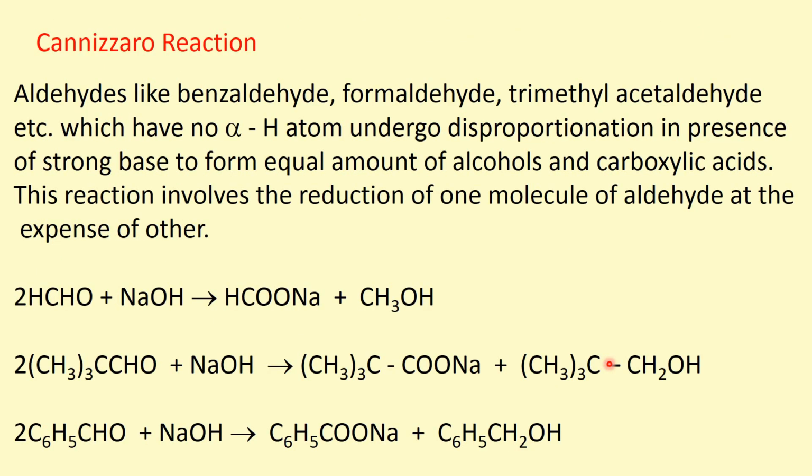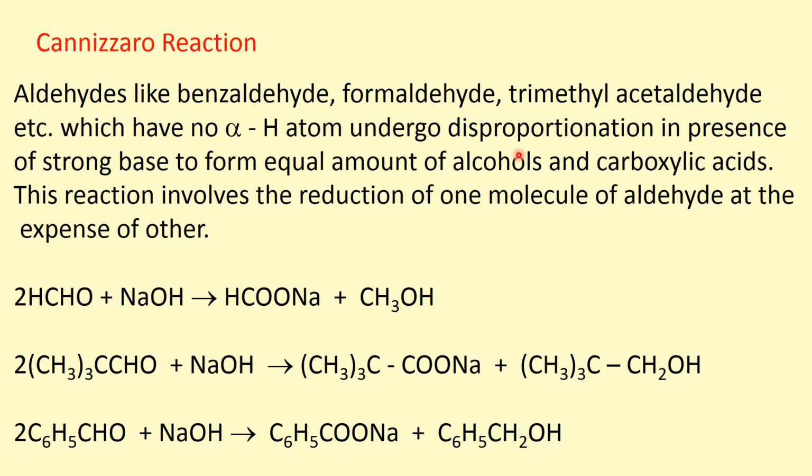Now the Cannizzaro reaction. Aldehydes like benzaldehyde, formaldehyde, trimethyl acetaldehyde, that means the aldehydes which do not contain an alpha hydrogen atom. It is just the reverse of aldol condensation, where the presence of an alpha hydrogen atom is a must. Here the molecule should not contain an alpha hydrogen atom.